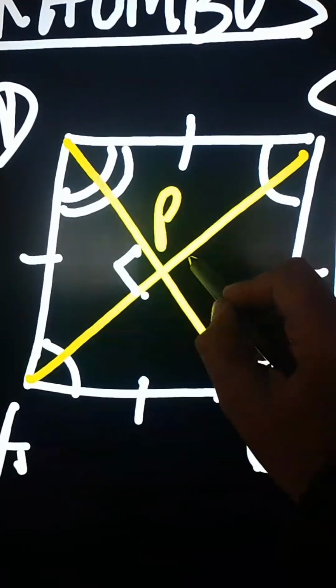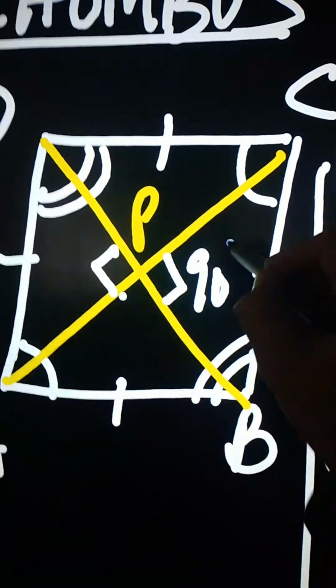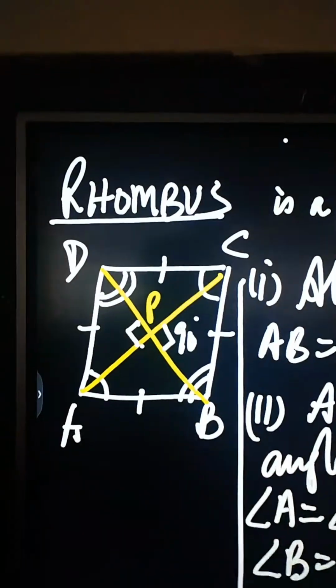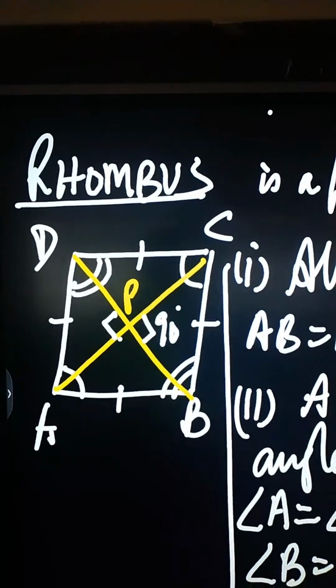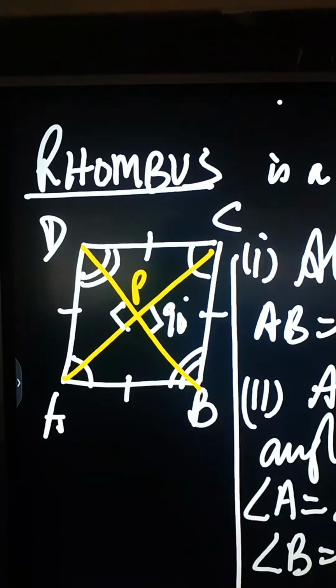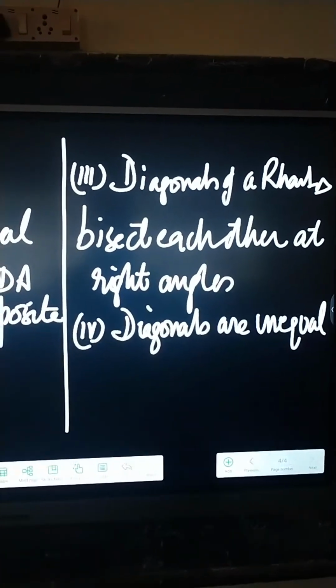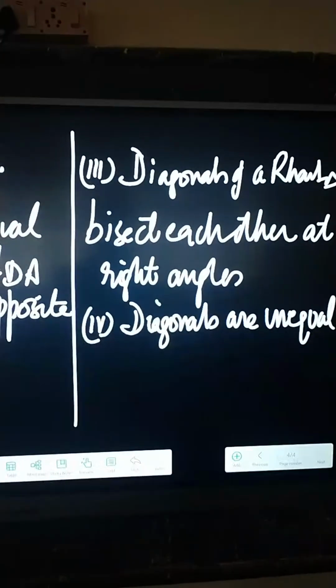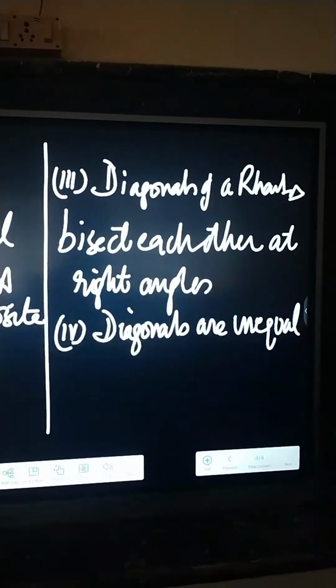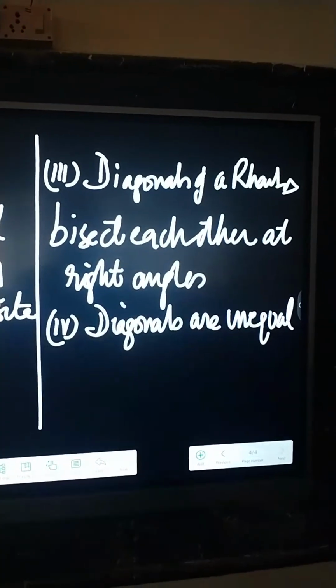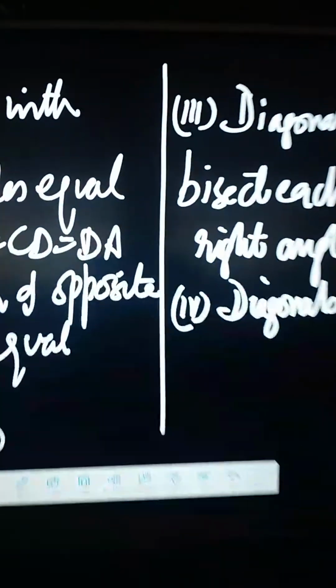So this angle is 90 degrees. In a rhombus, diagonals cut at 90, but they are not equal. So this is the property of some special parallelograms: parallelogram is at the first place, then rectangle, then square, then rhombus.